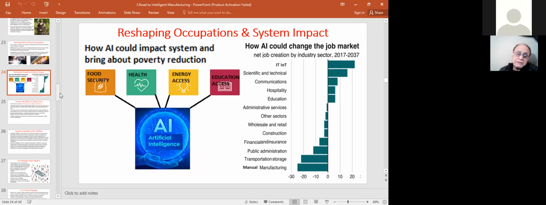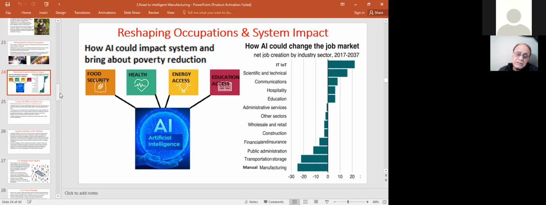And when this happens, artificial intelligence can be used for looking after the overall aspects of the society, like food security, health, energy access, and education access.